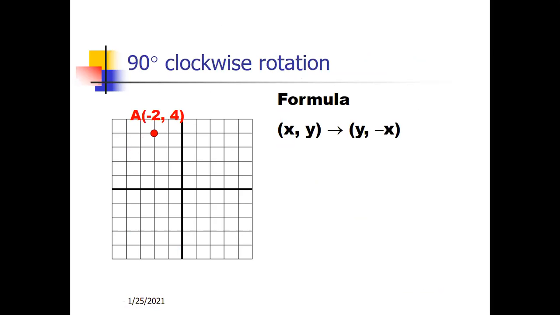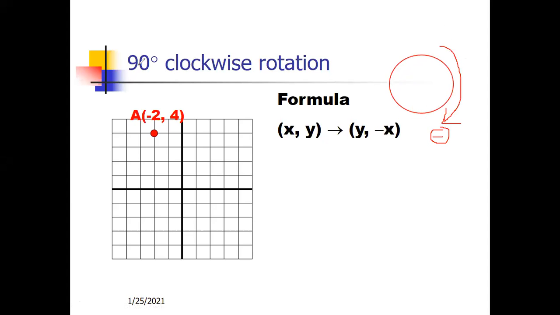Negative. So if this is the clock, and we want to rotate clockwise, which means it will be negative. Then if I say that I'm going to rotate 90 degrees clockwise, it means I want to rotate negative 90 degrees.